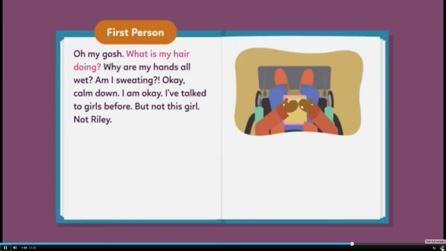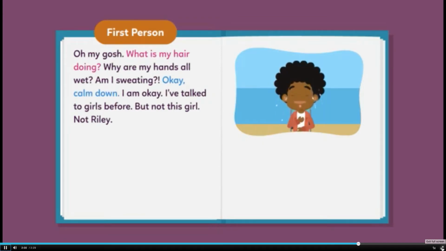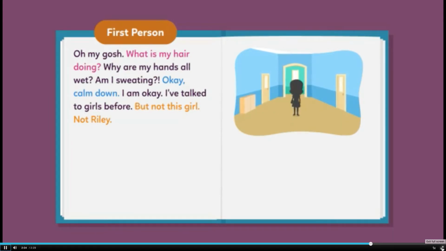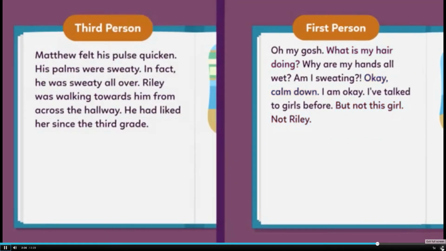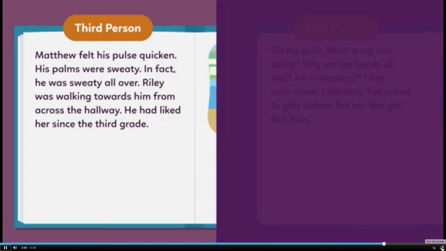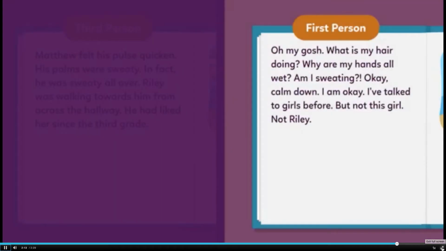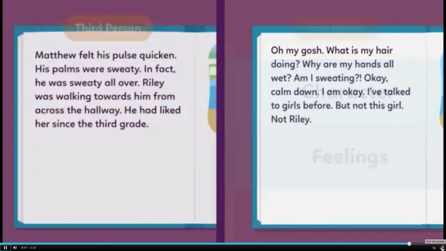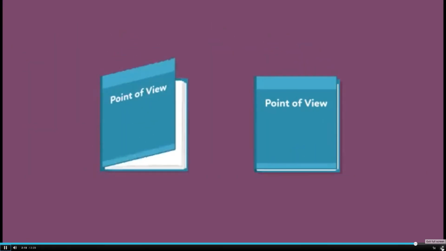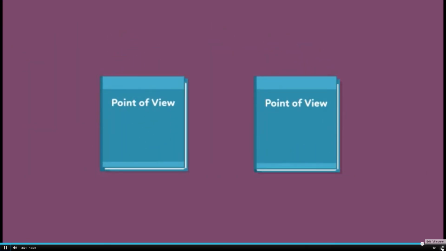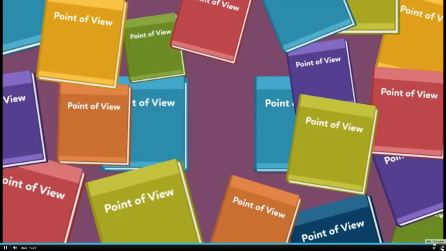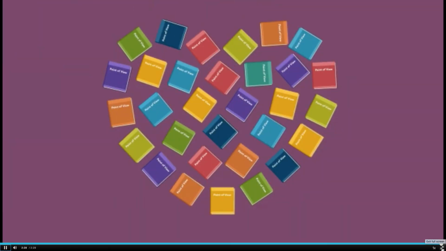He's nervous about how he looks. He's trying to calm down, and not just about talking to girls, just talking to this girl. In this story, the third person point of view gives us more information about events and setting. In the first person point of view, we learn more about how the character is feeling. So, whether it's first person, third person, or some other perspective, sometimes a different point of view can tell the same story in a new way.